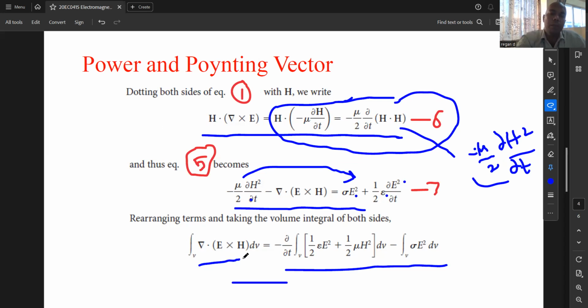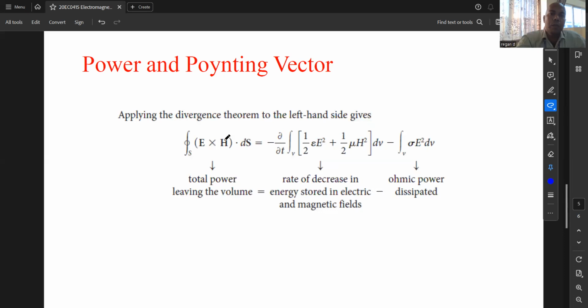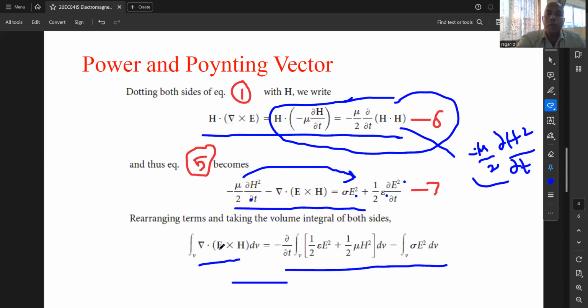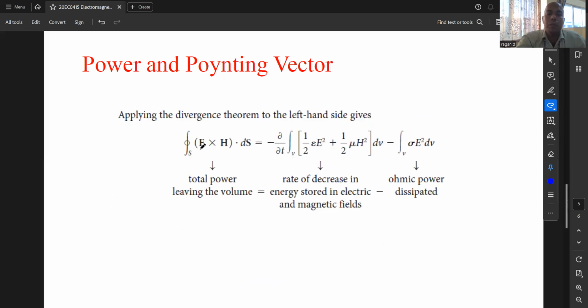If we apply the divergence theorem, the volume integral becomes the closed surface integral. So del dot E cross H, after applying the divergence theorem, becomes the closed surface integral of E cross H dot ds, which is equal to the volume integration of dou by dou t of 1 by 2 epsilon E square plus 1 by 2 mu H square, minus sigma E square.